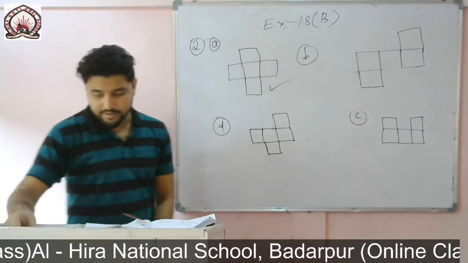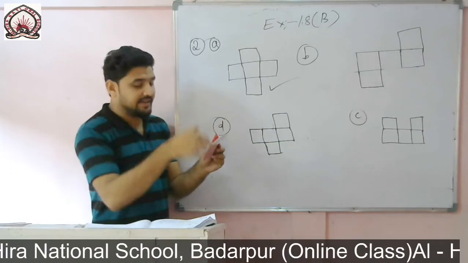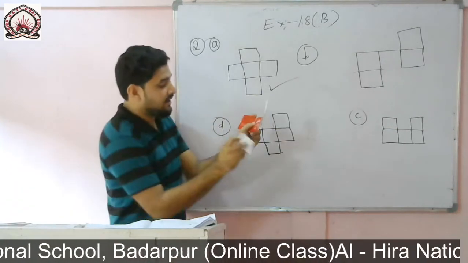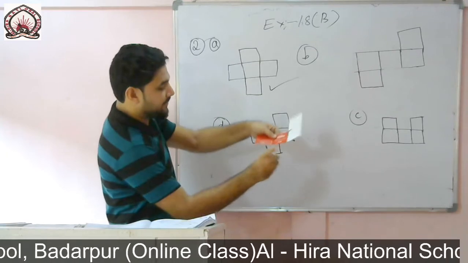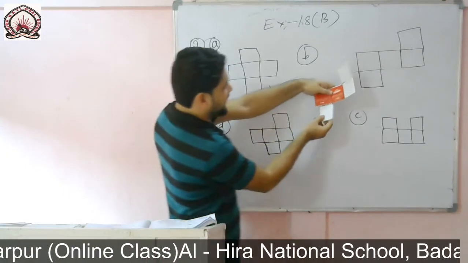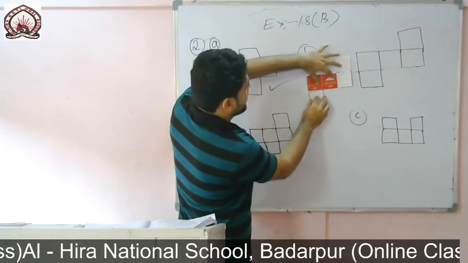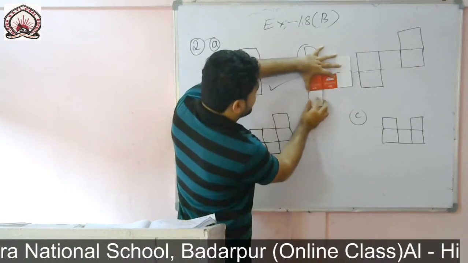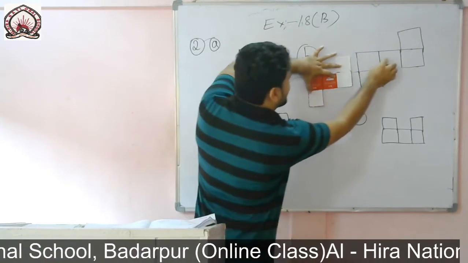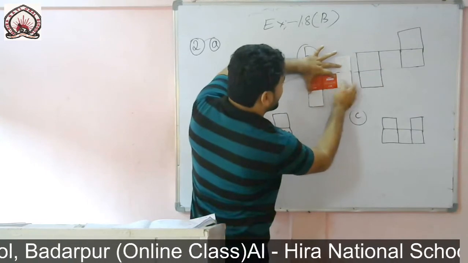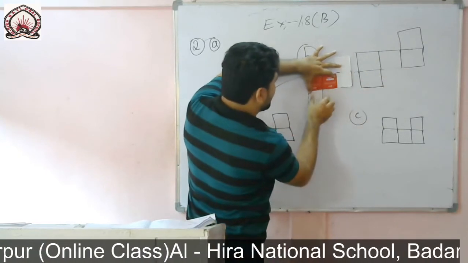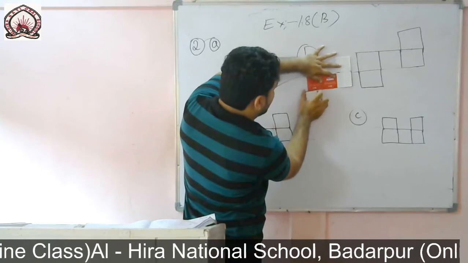Okay, you see, in case of B, if I take this example, then it will be like this. You see 1 2 3 1 2 3 1 2 1 2. Now let us fold them.